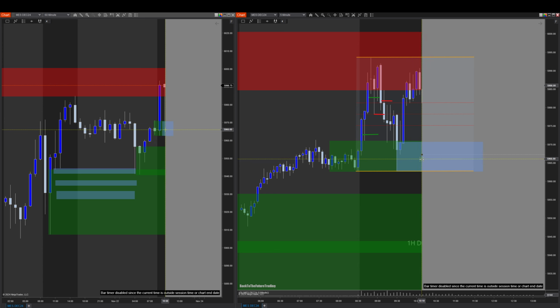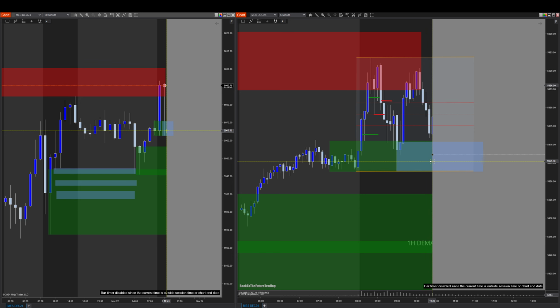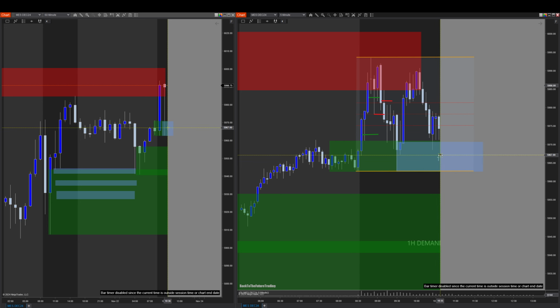Let's walk through price. We come back up, fail to take out the high, stay in this range, and pull back to the demand. Now, I don't want to just take this demand because we're in a range today. I want to see more demand created, and then I'll take a trade. So we pause. Good. Right here.